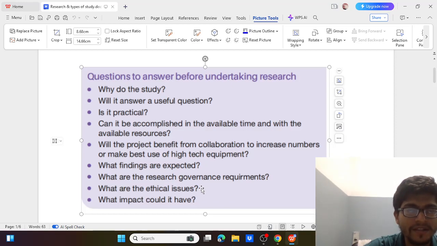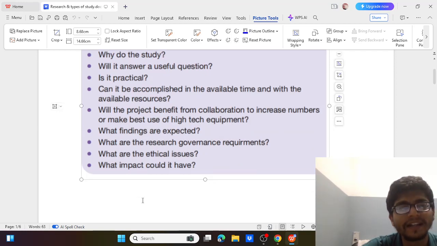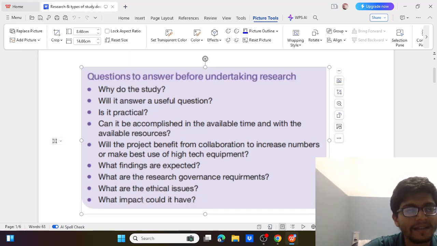Is there any chance of our research project getting rejected due to any ethical issue that is not allowed by the research governing body? Then lastly, what impact could we have? After all the research, how will it affect the final practice or the care of patients? So these are some of the questions which need to be answered before undertaking any research.